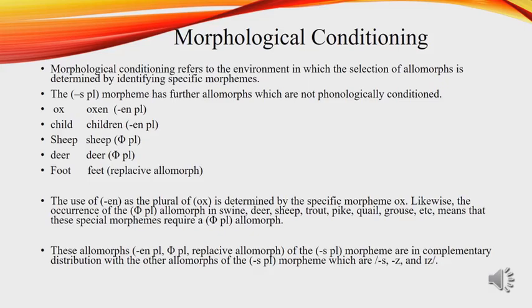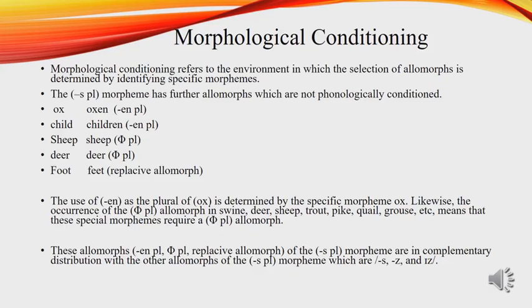Now, en plural is one of the allomorphs of the S plural. This allomorph is selected here, used here with oxen, because of the word ox itself. That is why we say that it is morphologically conditioned. Because of ox, we have oxen. So the selection of this allomorph is determined by identifying this specific morpheme.